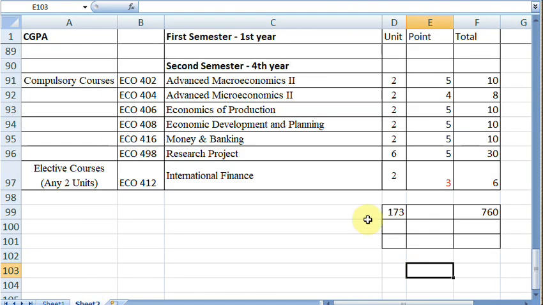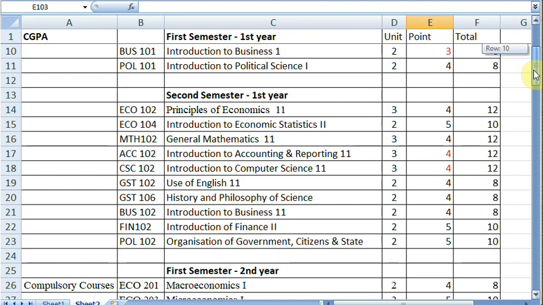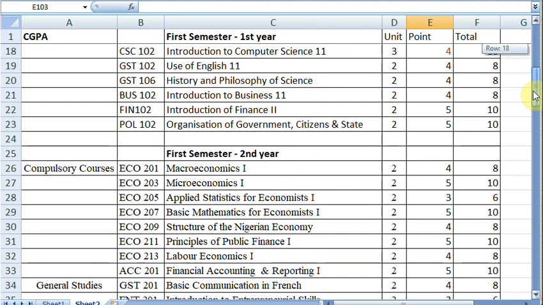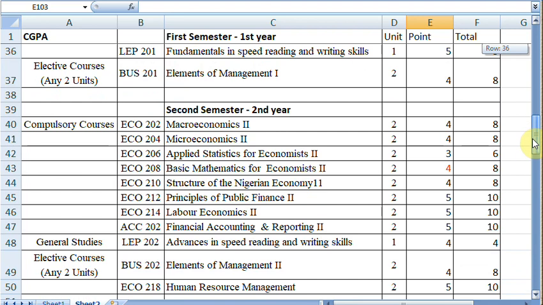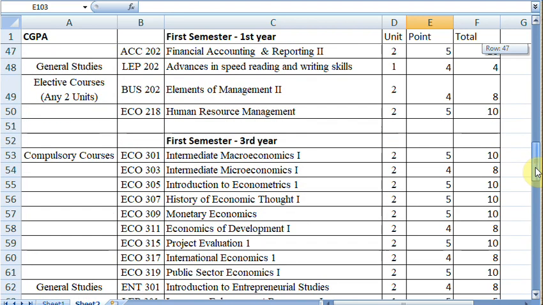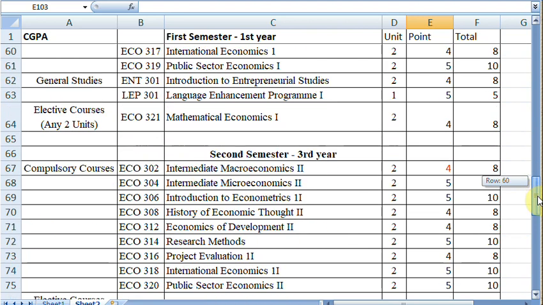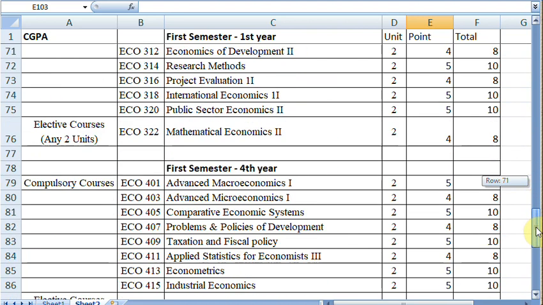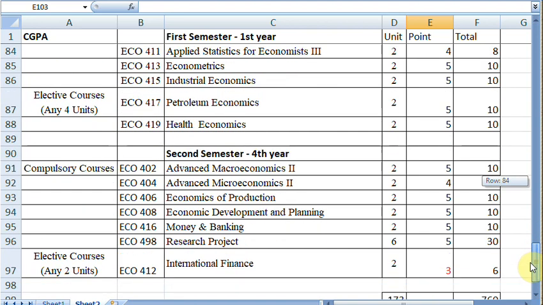Now this student has done first year to final year, and this is what the course looks like. He studied economics from first semester first year through second semester fourth year, and that's the end of his program.